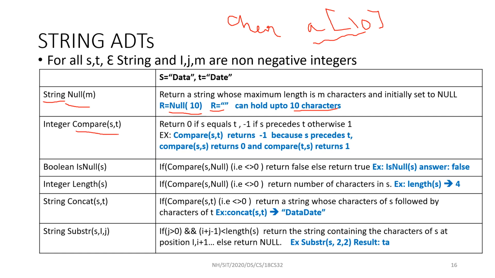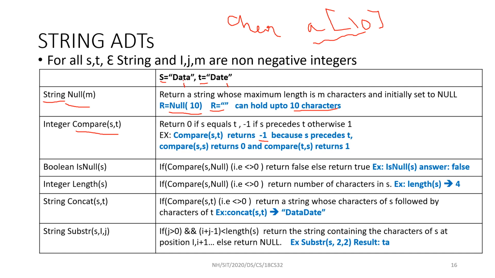Then I can compare two strings. If S and T are my strings, data and date are my strings, I can compare them. How are they compared? Alphabetically, in dictionary order, these strings are compared. D, D matching, A, A matching, T, T matching, but A comes before E. So it is the smaller one, and the other is the bigger one. When you subtract the bigger from the smaller, the answer is -1. It returns minus if the first string precedes the second one.